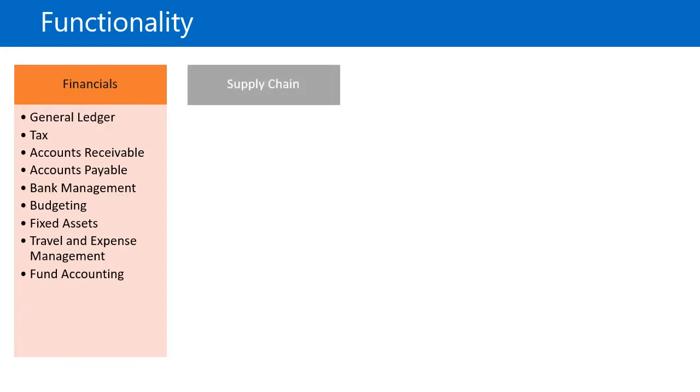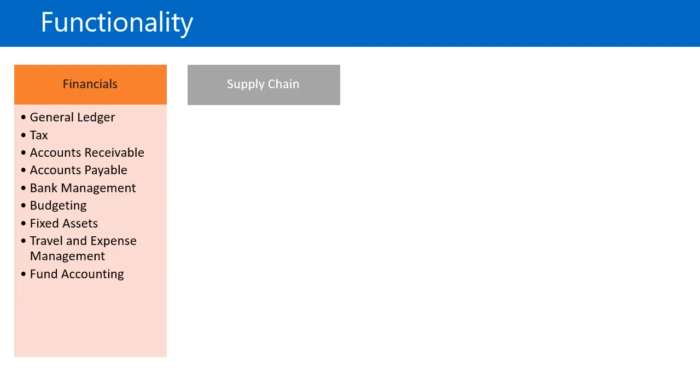Then there's also the supply chain functionality. The supply chain management in Dynamics 365 for Operations helps businesses manage materials, information, and transactions as they move through the process from the vendor to the manufacturer, and then to the retailer and the end customer.